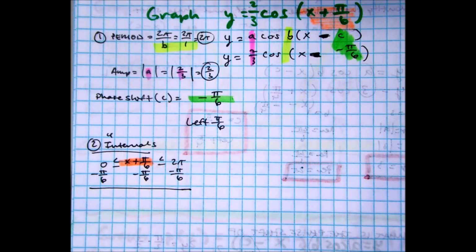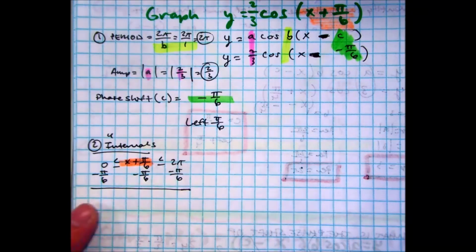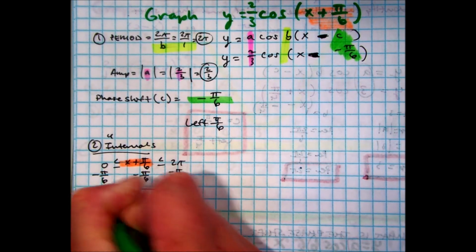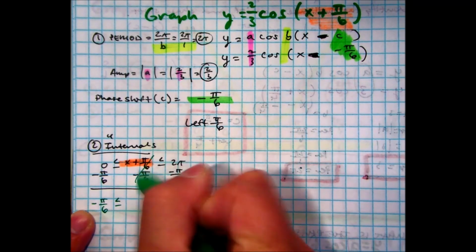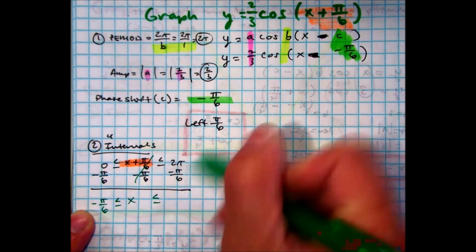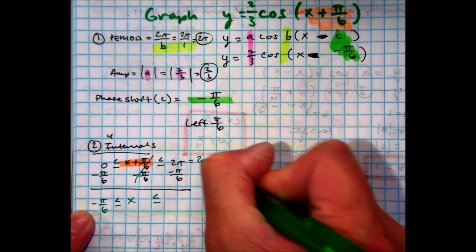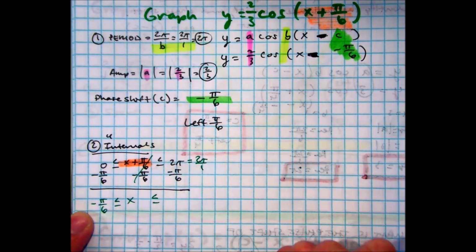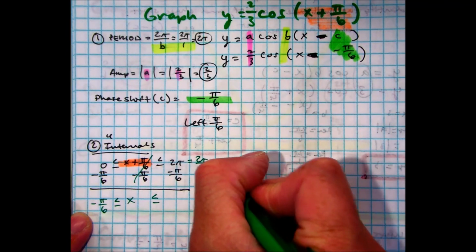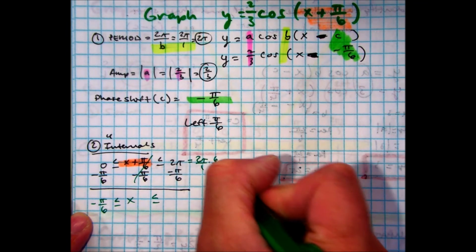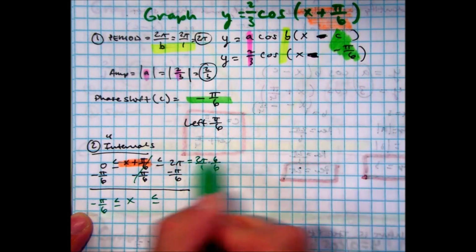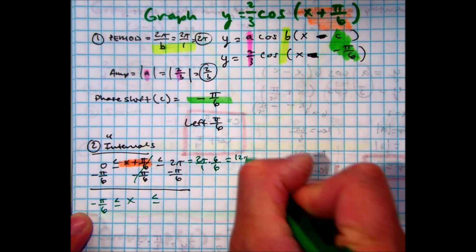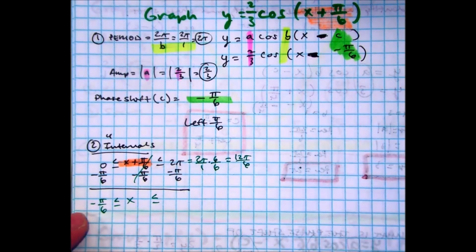Now here I might as well be wise and just change all of my fractions to denominator 6. This one is 2 pi over 1. Class, how do I make this a denominator 6? Multiply by 1, 6 over 6, so this gives us 12 pi over 6.